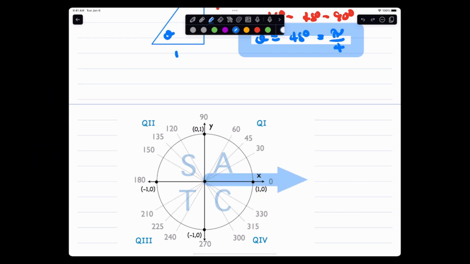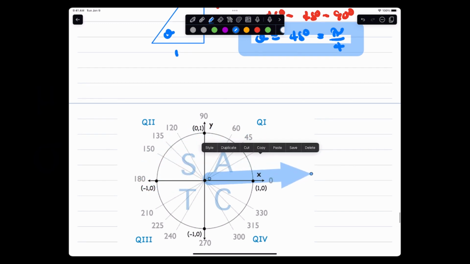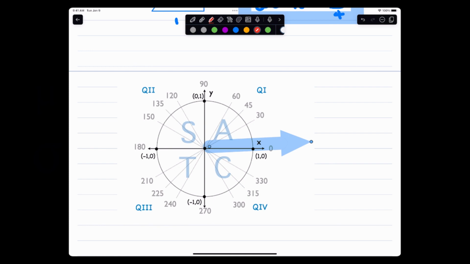What's the restricted domain? 0 and pi, is that right? 0 and pi. So this is your restricted domain, 0 and pi. You threw out, so that everybody knows, quadrants 3 and 4. So in quadrant 1, your reference quadrant, cosine's positive. In quadrant 2, cosine is what?